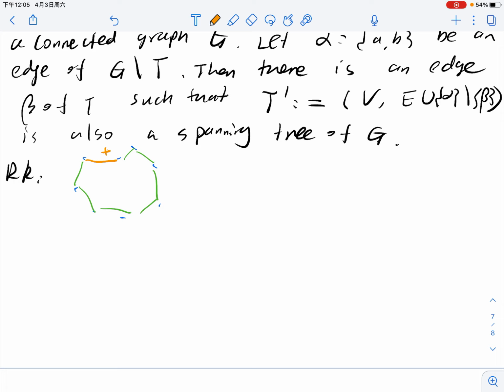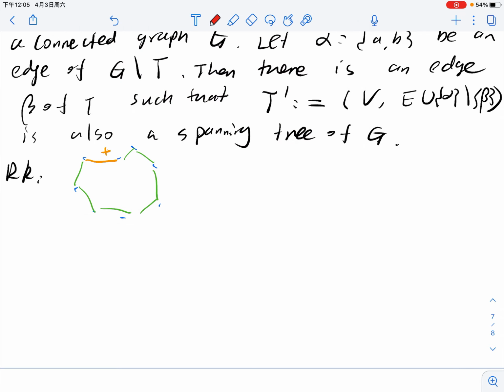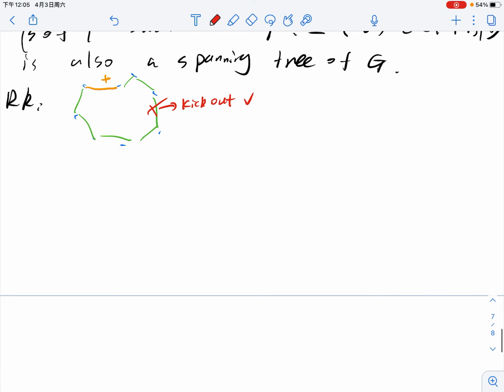Here, this theorem says you can always do that. Whenever you want to kick something in, you can find something to kick out. Later on, the next theorem says whenever you want to kick something out, you can always kick something in. So they are complementary to each other.